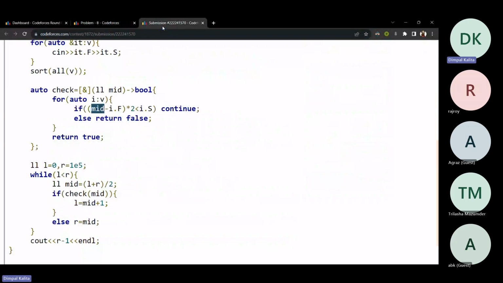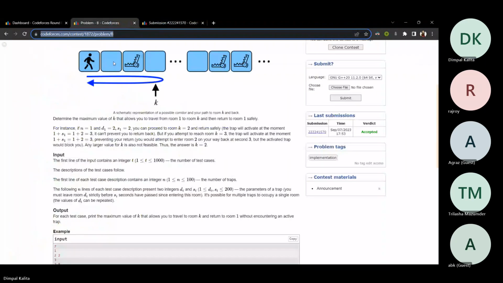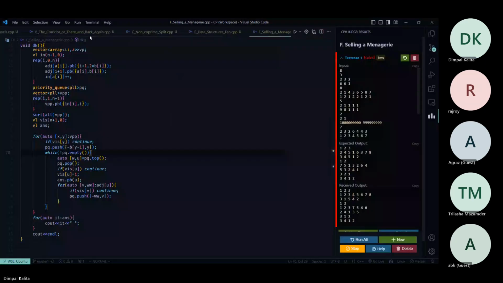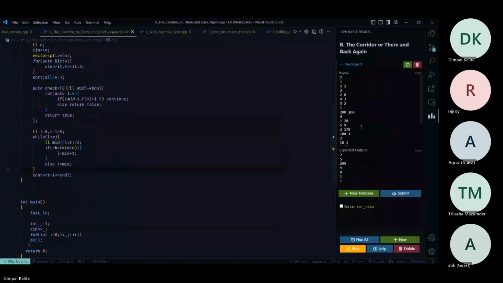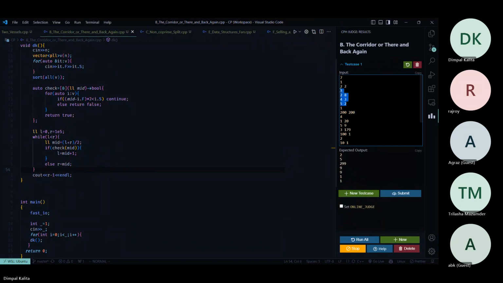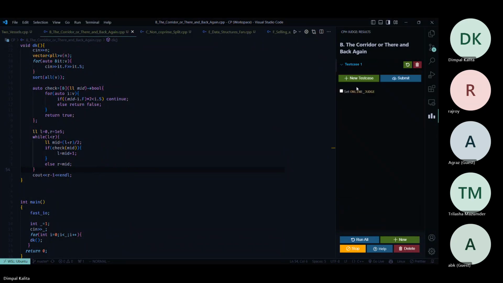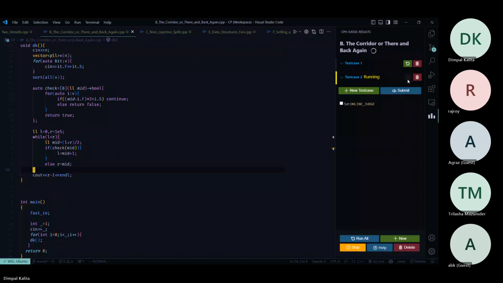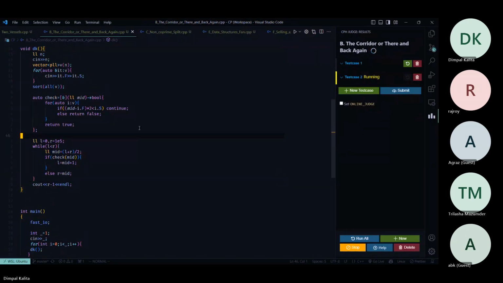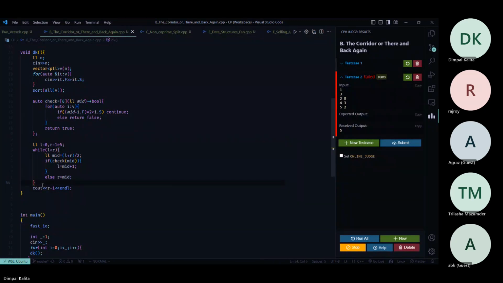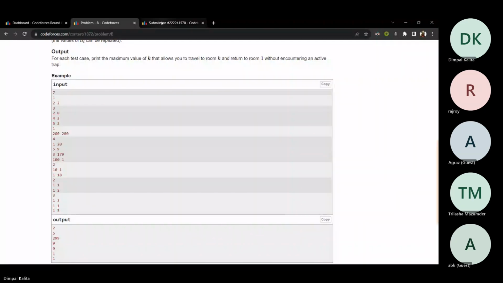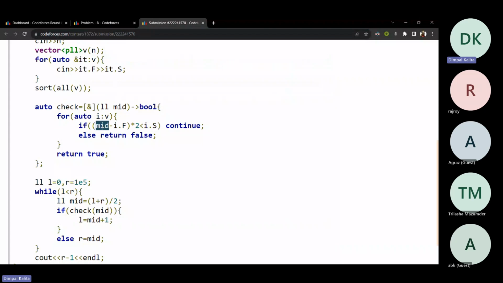If I take 4 minus 8, calculate. Okay. If I have 5 here and I dot F is, I guess, 8.